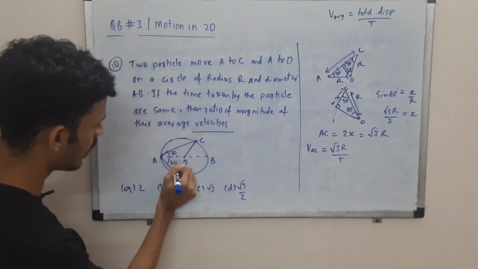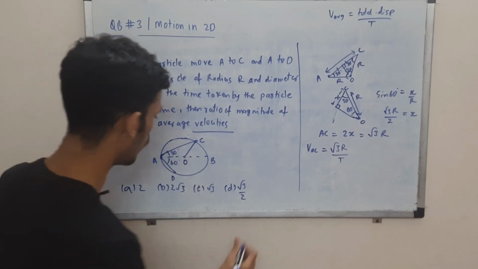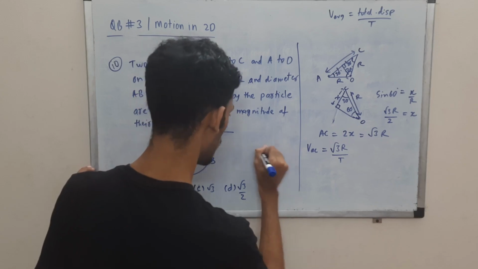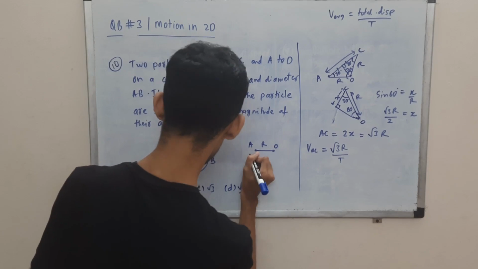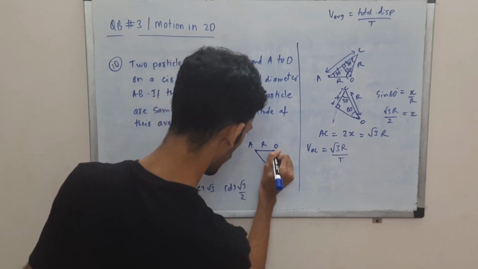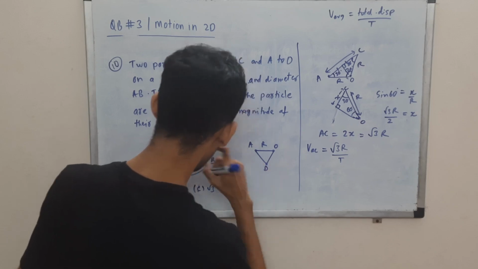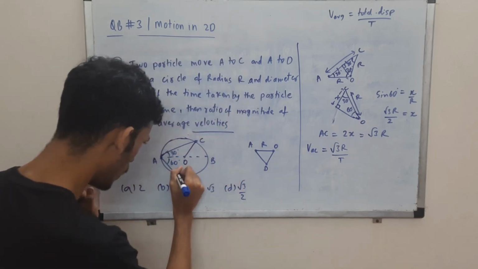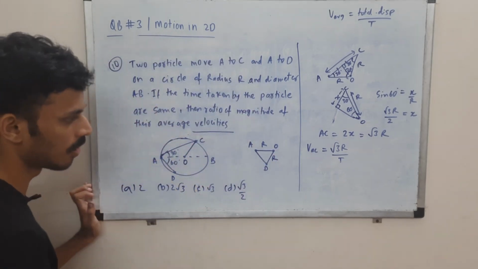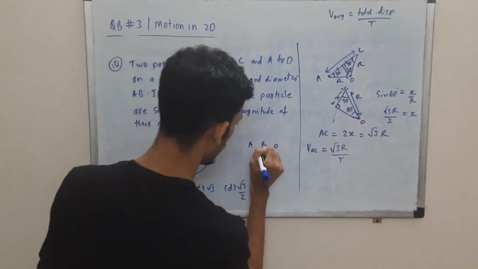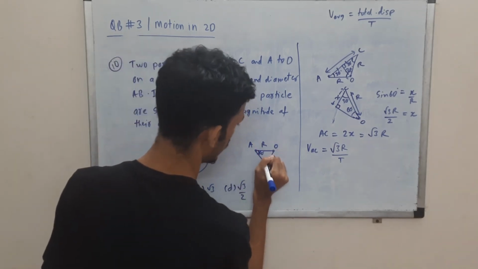Now let's focus on this triangle because we want the distance AD now. That is very simple if you see. So here it is A, here it is O. Again this is radius. This is D. If you see OD, it is also R, center to the point on circle. So this is R, this is R, this is 60, meaning this is also 60.